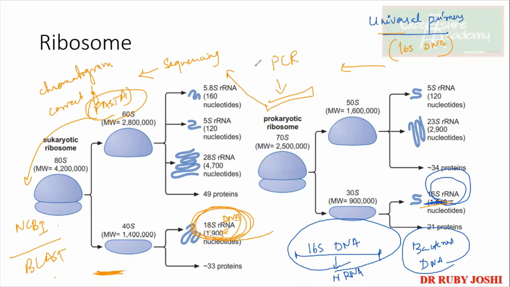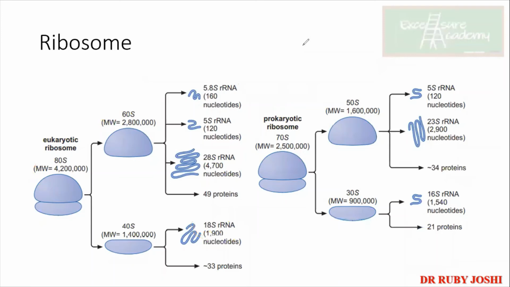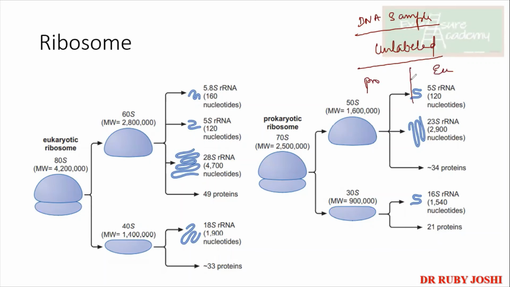Now, one interview question which we have asked was: you have got a DNA sample and it is unlabeled. You don't know whether it is prokaryotic or eukaryotic, but your scientist is asking you to give the information whether this DNA sample is prokaryotic or eukaryotic.